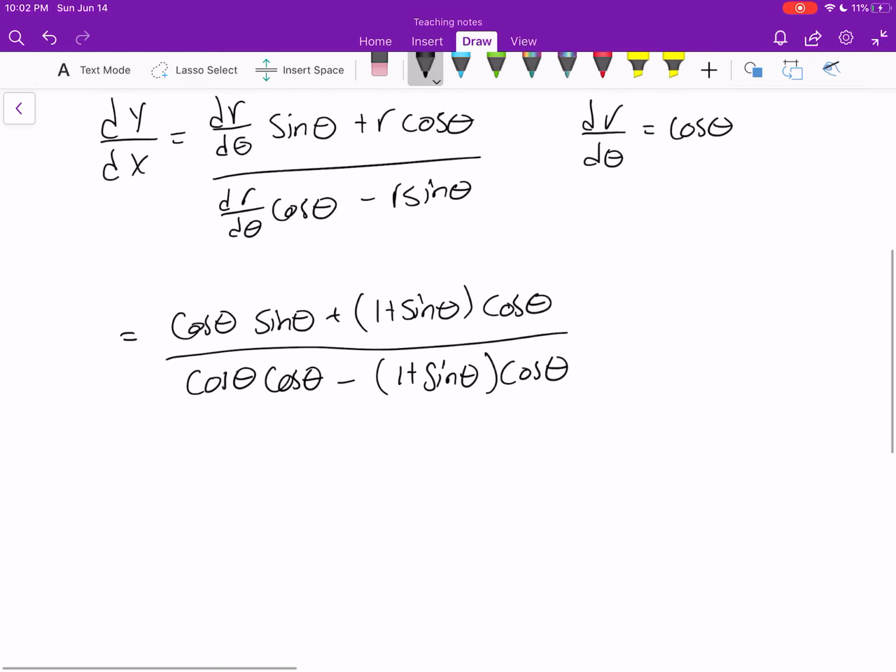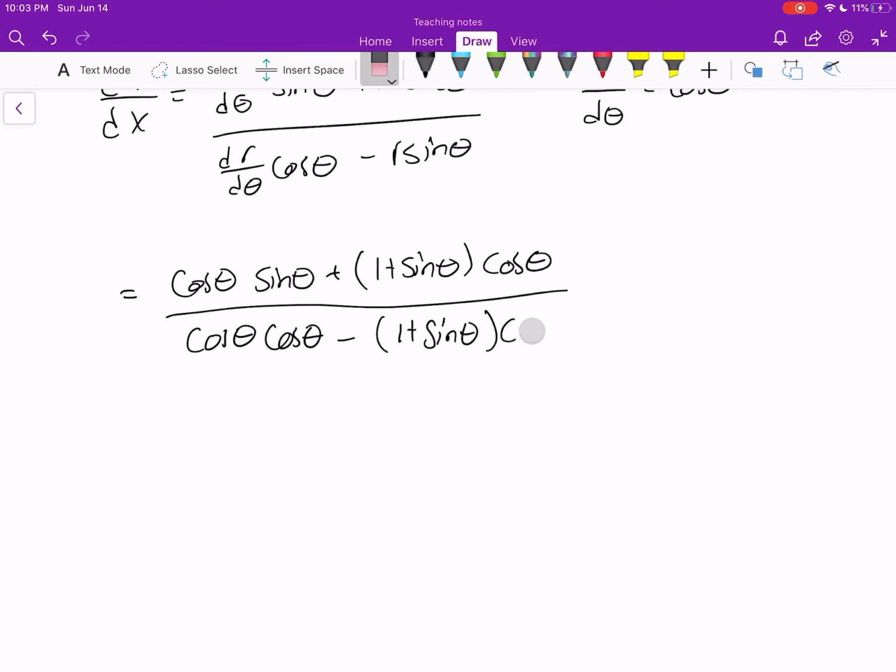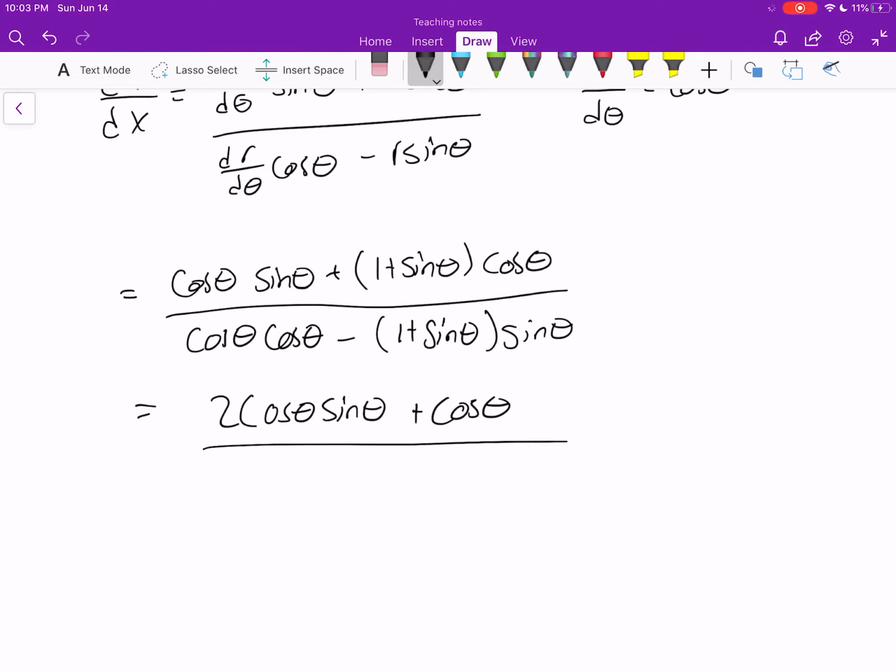Hang on, that should be a sine theta instead of a cosine theta. So let's do some simplifications. When you expand the top out, you're going to get 2 cosine theta sine theta plus cosine theta, divided by cosine squared theta minus sine squared theta minus sine theta.